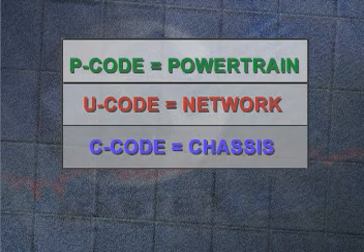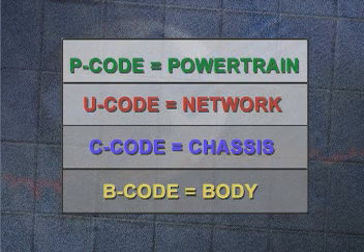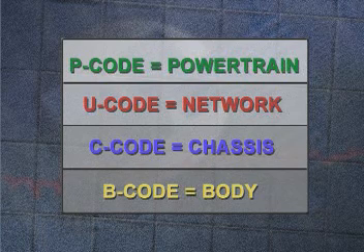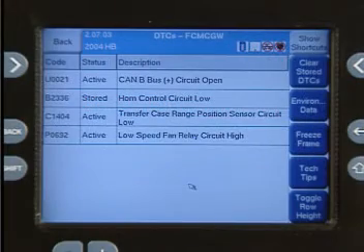C is the letter prefix for chassis codes, and B is used for body codes. Because of the use of these letter prefixes, DTCs on CAN bus vehicles now follow SAE standards. And with the change to letter prefixes, some diagnostic trouble code descriptions used on CAN bus vehicles will not be the same as on other vehicles.